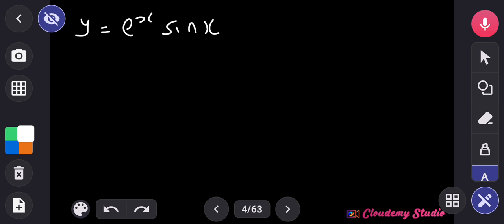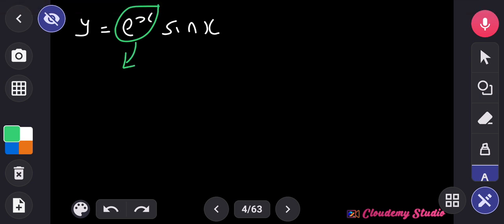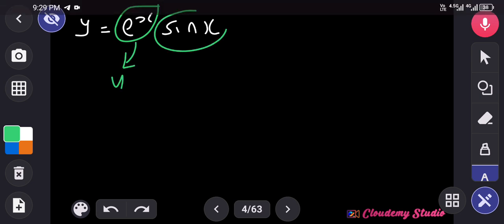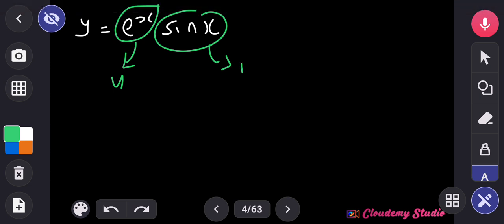What we're going to do is partition this into two functions. The first one will be exponential x, our exponential x will be u. And our sine x will be v. So we can write that u equals to exponential x and v equals to sine x. We have this already.